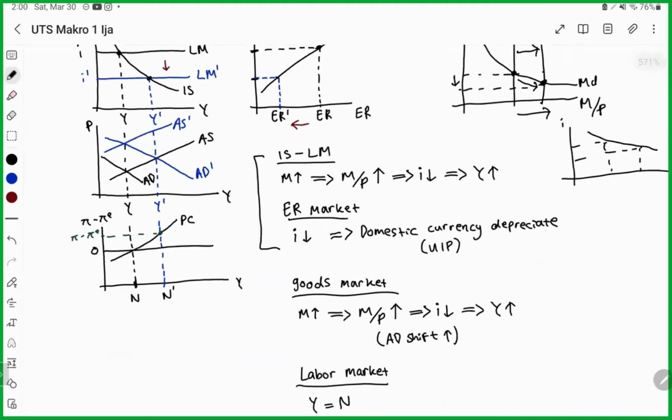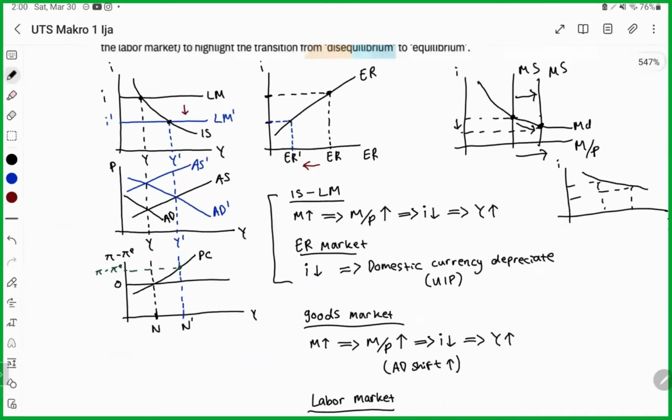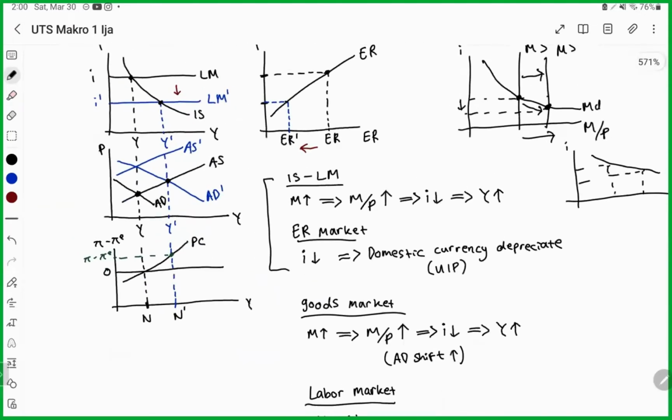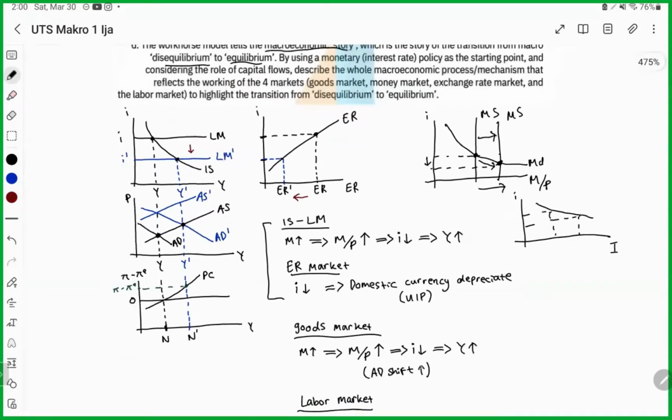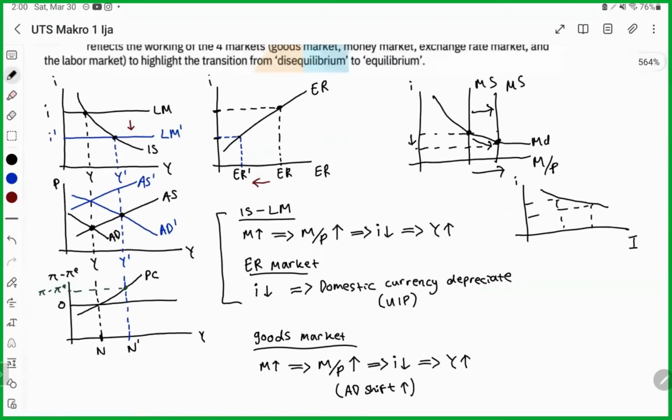Let's continue to the goods market, which is represented by the aggregate demand curve. All right, so this is the equilibrium, and then there is an increase in aggregate demand. Why is there an increase in aggregate demand? Because money supply increases, and then real balance increases. Real balance will cause the increase in aggregate demand, which affects the GDP increase.